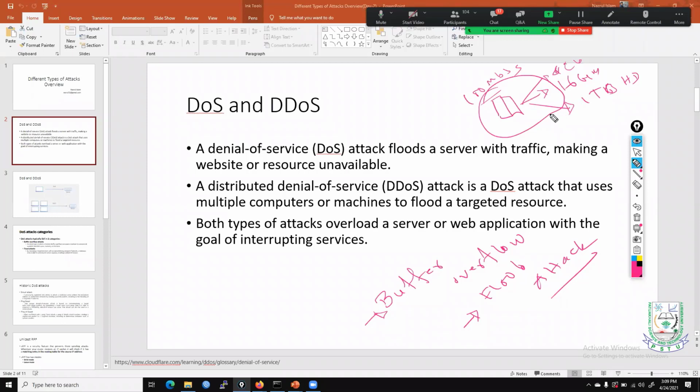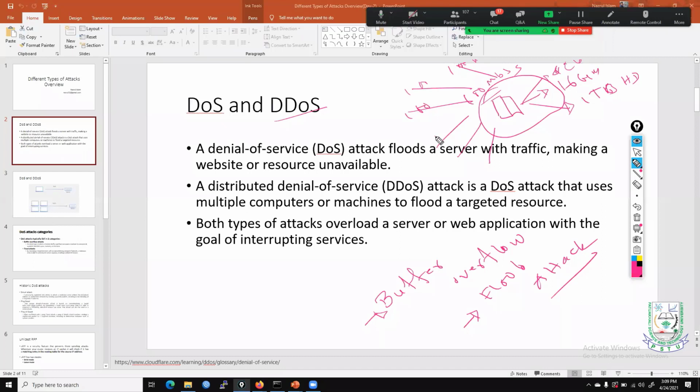So when a flood attack happens, when DDoS happens, it's targeting from different sources. Let's say every target has a capacity of 100 Mbps.